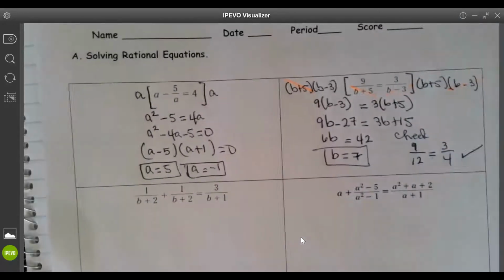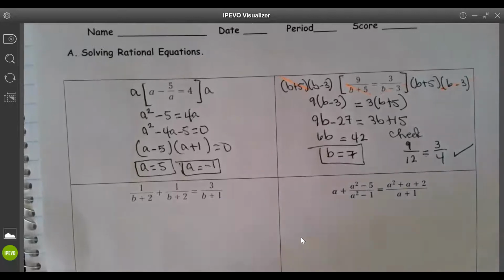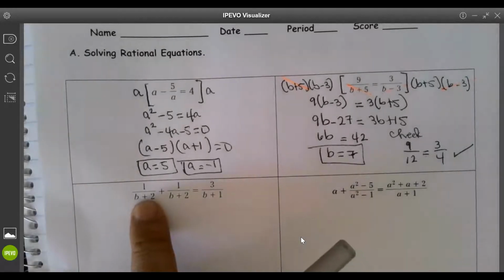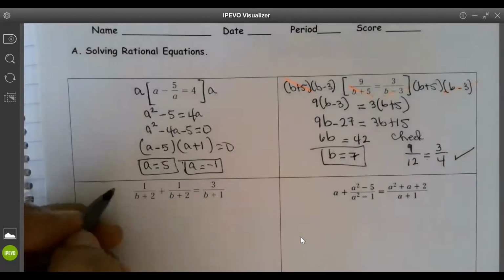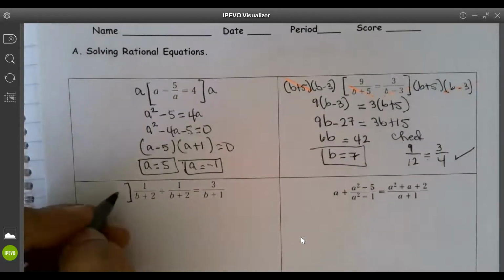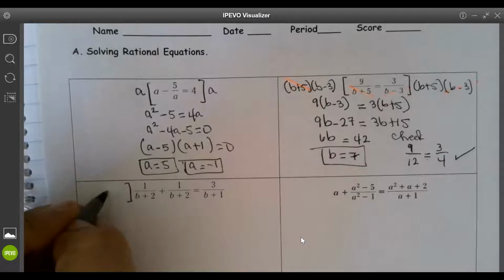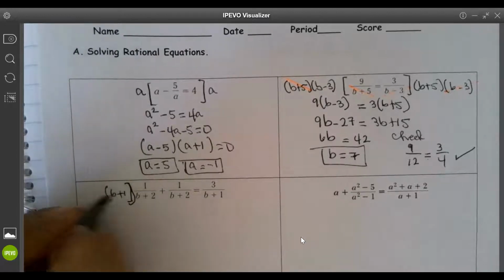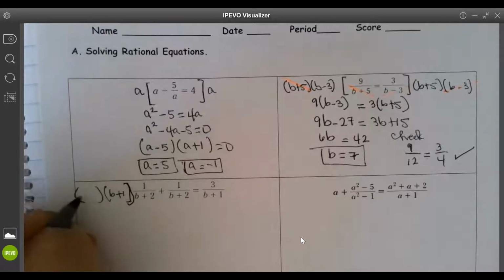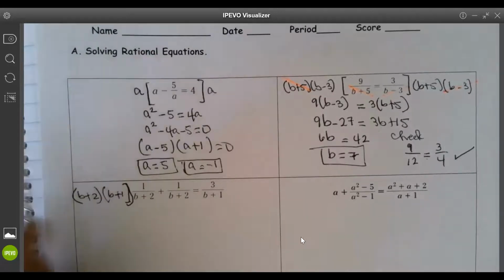This one here has 3 denominators, B plus 2, B plus 2, and then B plus 1. But the LCM is B plus 1 and B plus 2.